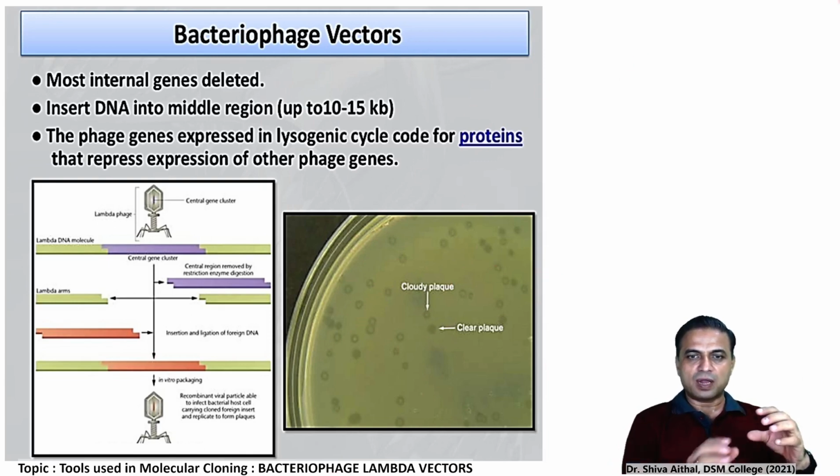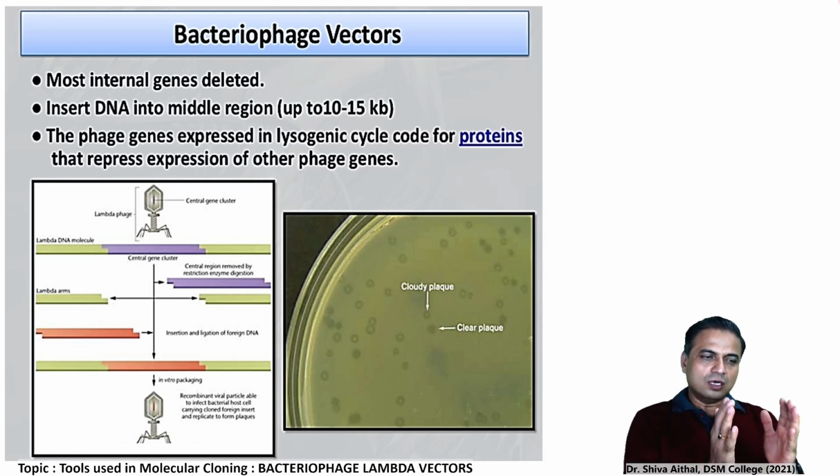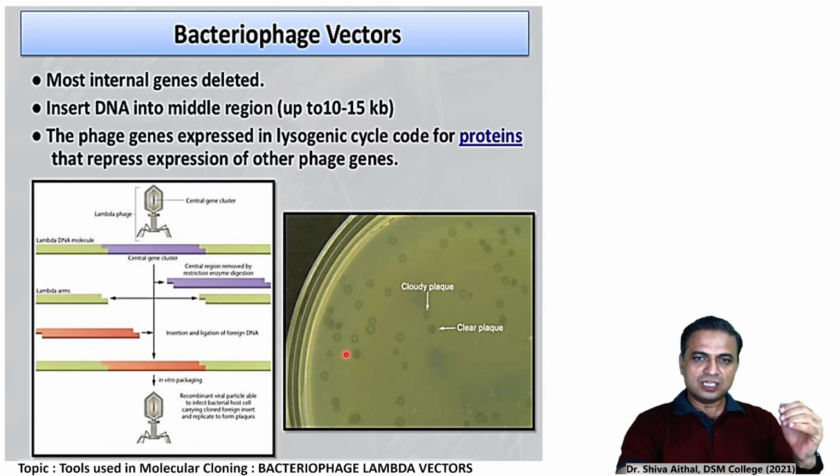Plaques are the characteristic feature of bacteria in a lytic cycle or lysogenic condition. When there is a lytic cycle, you can see clear plaques, completely clear. And if there is a sort of lysogeny or incomplete lytic cycle, you see a cloudy or translucent plaque.